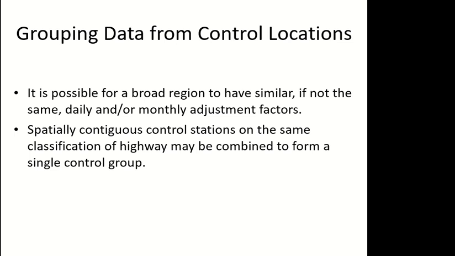Instead of 10 values, I want a single average value. So for Monday I have 10 values or 20 values, I will combine into a single Monday value. For January I have 20 values, I want to combine into one single value. So combining means taking an average. And we are trying to combine the adjustment factors, and the adjustment factors are only coming from control locations. So we are talking about grouping or combining the data of control locations, and that data is the adjustment factors.